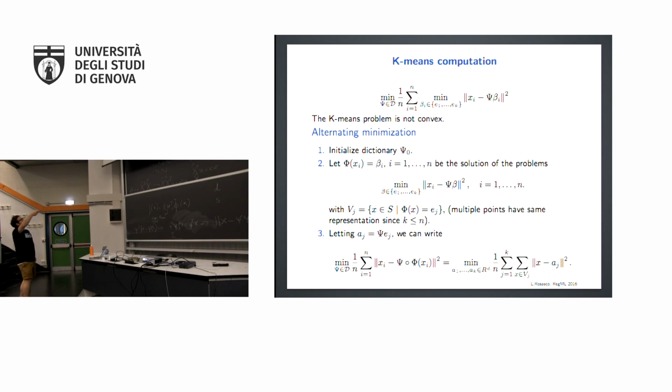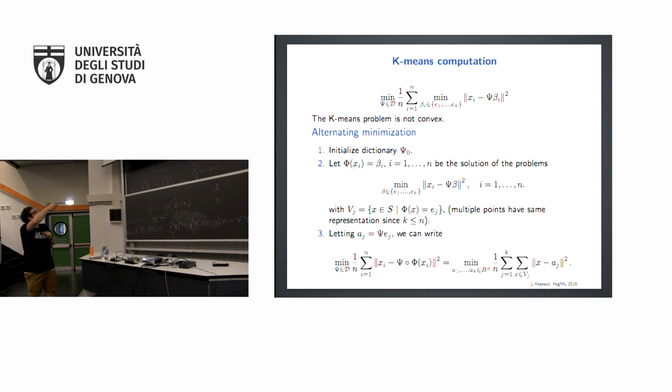So we fix the dictionary, and then we have to solve this. Well, what is this? You can see it as an assignment step. Because what you're doing is basically saying, I have a matrix, psi, and now I'm going to assign to each point a column of the matrix. When you multiply a matrix by an element of the orthonormal basis, you're just selecting a column, right?